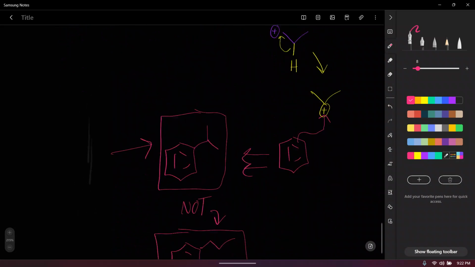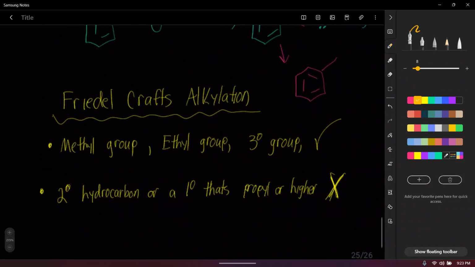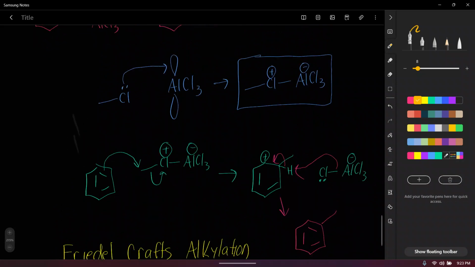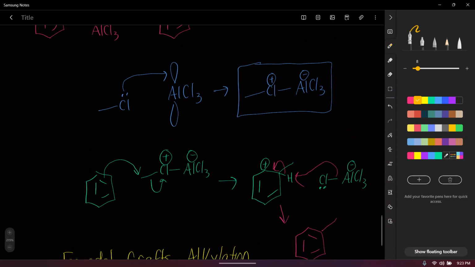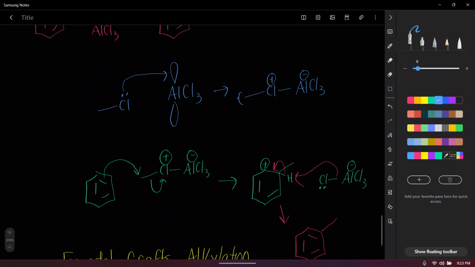And if you're thinking to yourself, well, Brian, why didn't the methyl thing do that, right? You didn't show the methyl group forming a carbocation. Well, I didn't do that because it would form the carbocation, right? So here, right? Let's go back. Okay. So here, right?